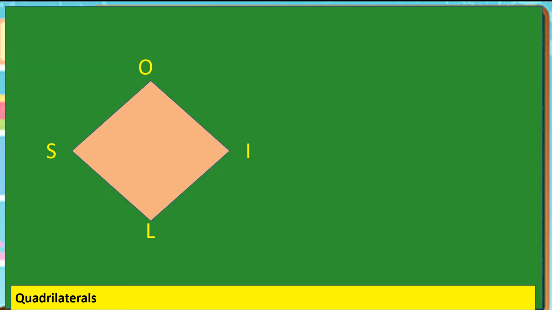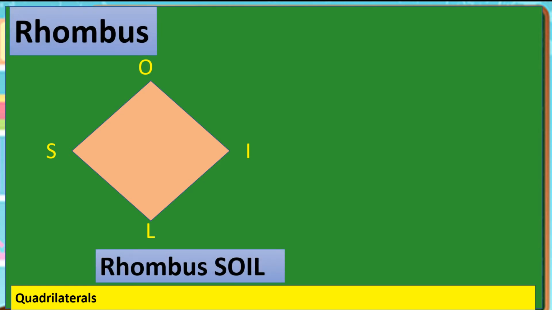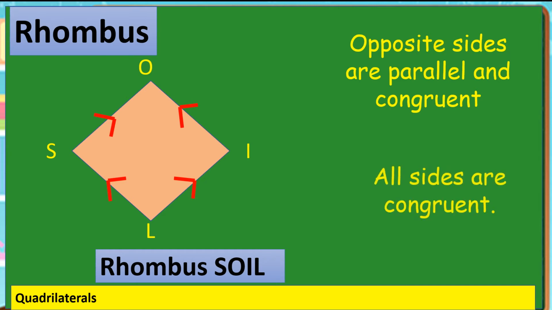Then we have rhombus. Rhombus, S-O-I-L, or soil. So opposite sides are parallel and congruent. So SO is parallel to LI, therefore they are also congruent. Then SL is parallel to OI.